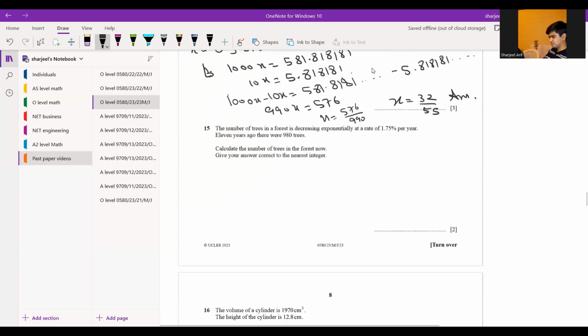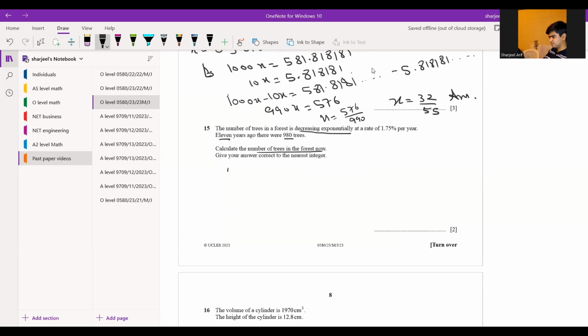So question number 15, we have to find the number of trees in the forest now. The data is given that 11 years ago, there were 980 trees. We have to apply a compound interest formula because it is decreasing exponentially.